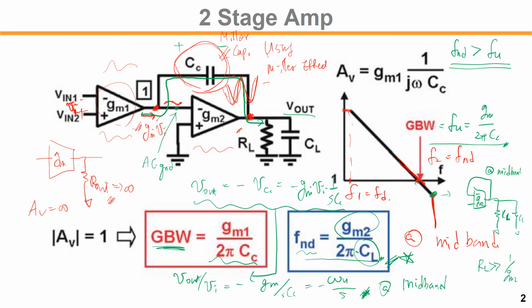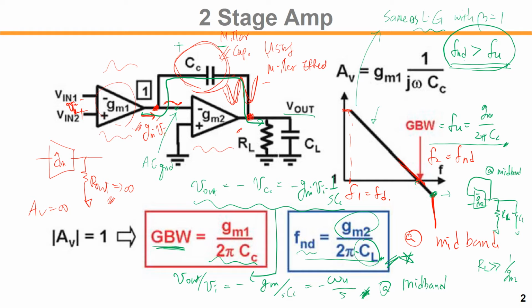Basically, this amplifier gain plot will be the same as the loop gain with beta equal to 1, right? So for the loop gain plot, we want the non-dominant pole to be greater than FU, right?